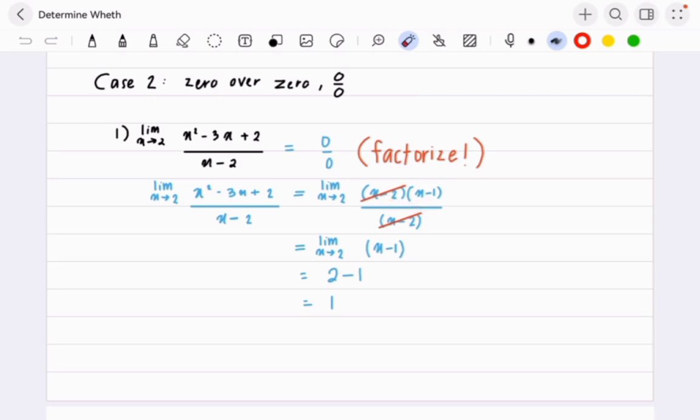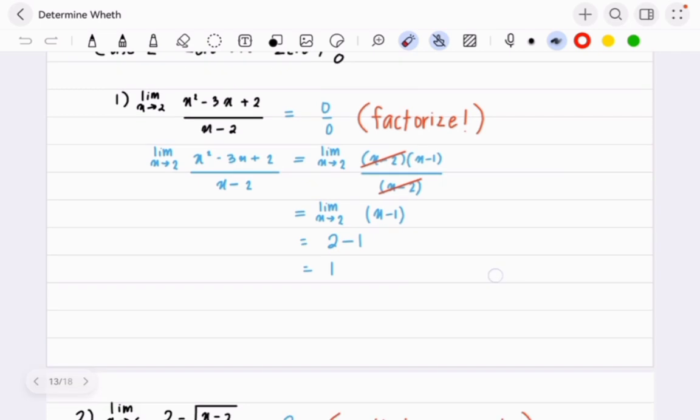So limit x approaching 2 of (x minus 2) times (x minus 1) over (x minus 2). So you can cancel out x minus 2 and you will get a new equation: limit x approaching 2 of x minus 1. Now you can substitute 2 into x. So 2 minus 1 equals 1. That will be your answer.